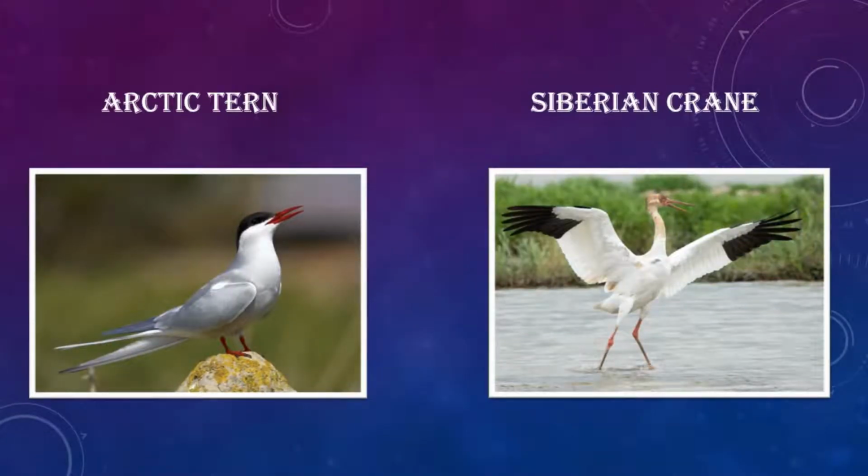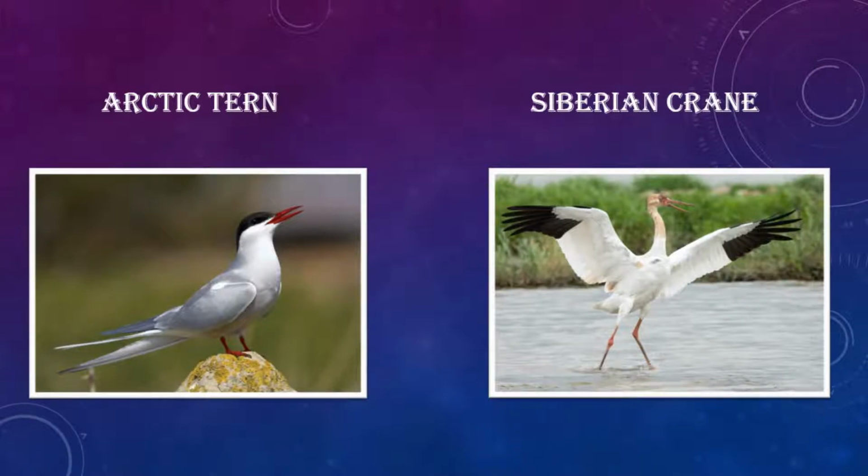There are two migratory birds that are given in your textbook, which are the Arctic tern and the Siberian crane. First, let us see the Arctic tern. Once the winter at the North Pole becomes severe, this bird travels southwards.